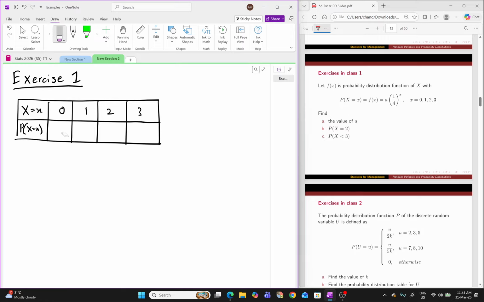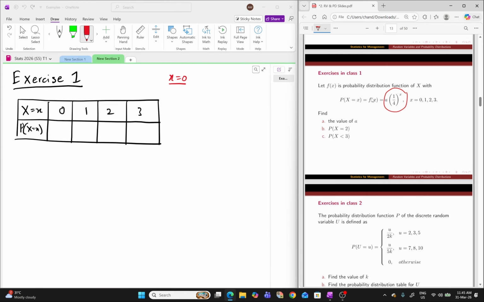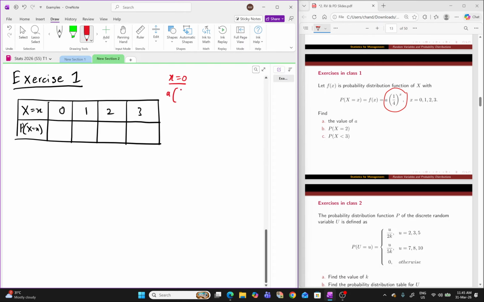If x equal to 0, what is the probability? You replace inside here. This one becomes 1. The probability is a.